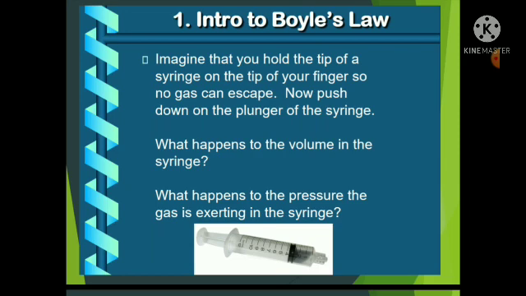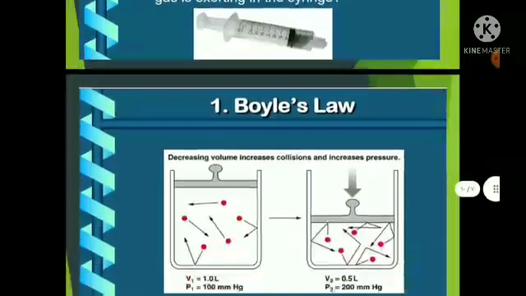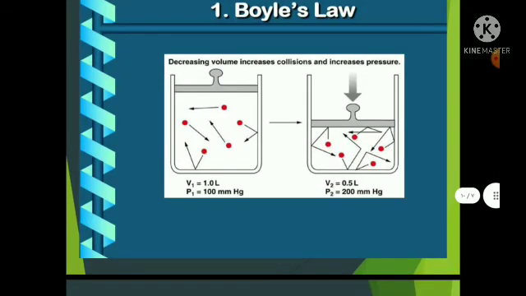Imagine that you hold the tip of a syringe with the tip of your finger so no gas can escape. Now push down on the plunger of the syringe. What happens to the volume in the syringe? What happens to the pressure the gas is exerting in the syringe? Decreased volume increases collisions and increases pressure.